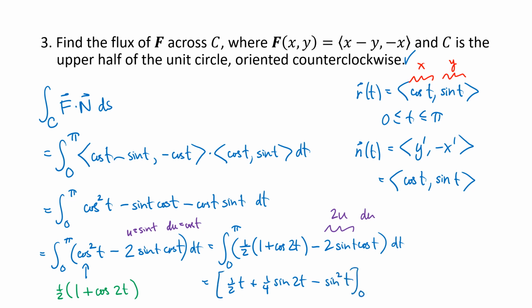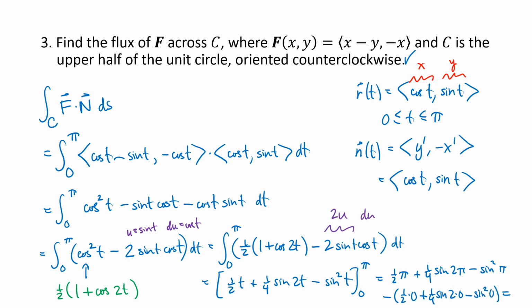And then I have to plug in 0 and pi and subtract. So I'm going to get 1/2 times pi plus 1/4 times the sine of 2 pi minus the sine squared of pi, minus 1/2 times 0 plus 1/4 times the sine of 2 times 0 minus the sine squared of 0.